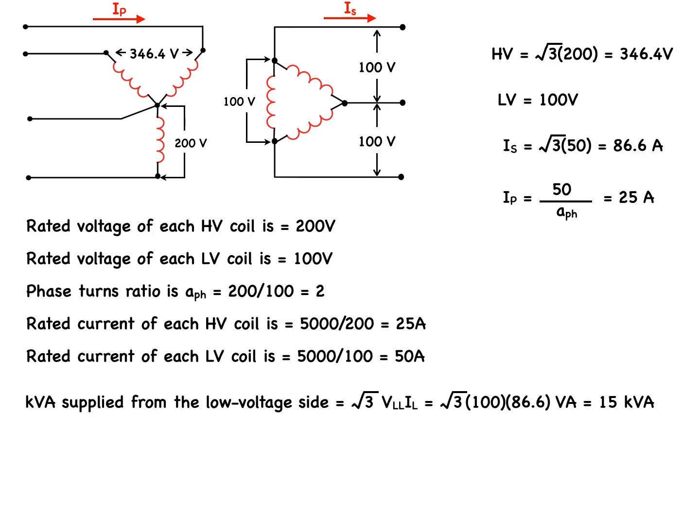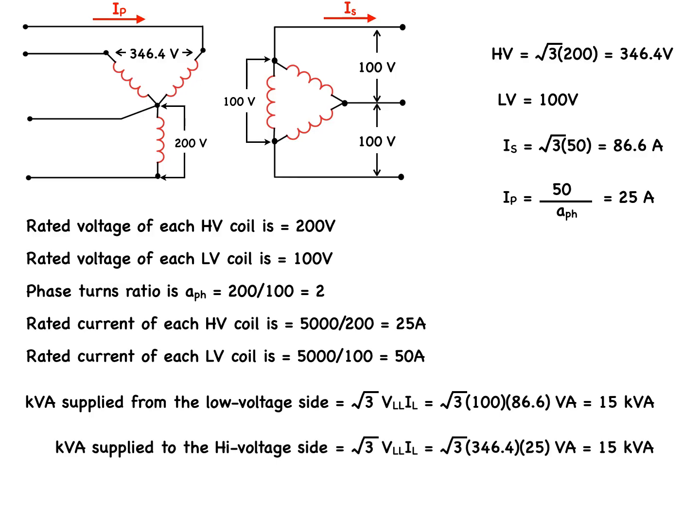Similarly, the kVA drawn from the supply is the square root of 3 times the line-to-line voltage times the line current, which equals the square root of 3 times 346.4 times 25, and that is equal to 15 kVA, which should not be a surprise, as the power going into an ideal transformer must equal the power coming out of an ideal transformer.